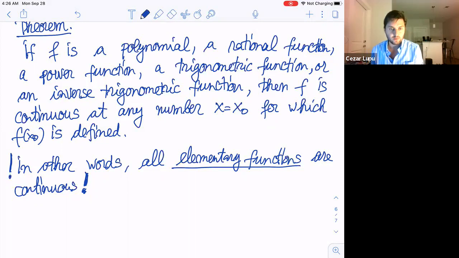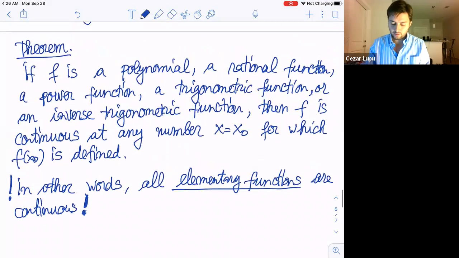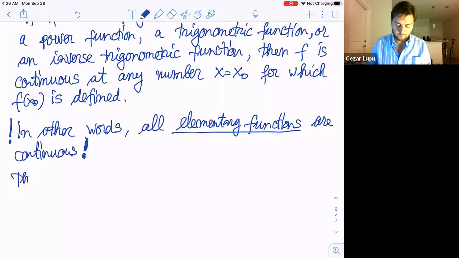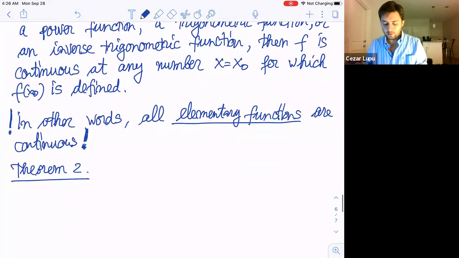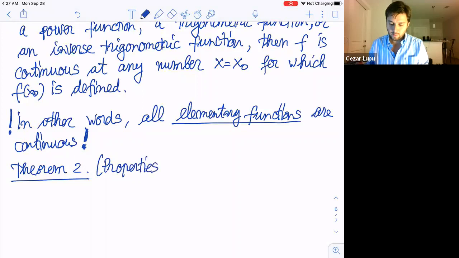Or if I have the product, or if I multiply by a scalar, or if I take the quotient or the composition and so on. Well, this will be, okay, let me put this theorem 1, theorem 2. Properties of continuous functions.